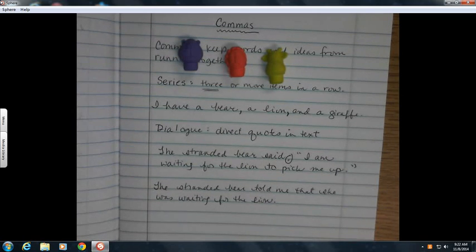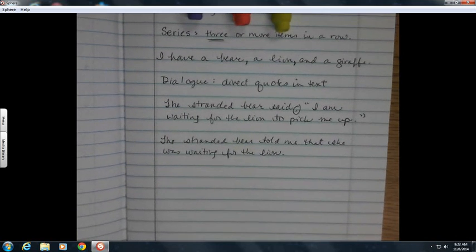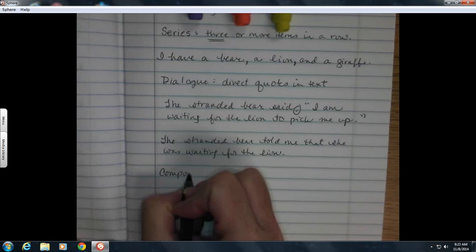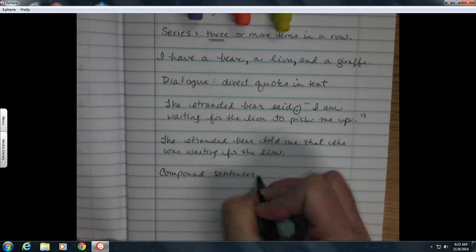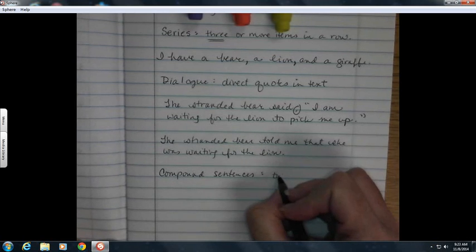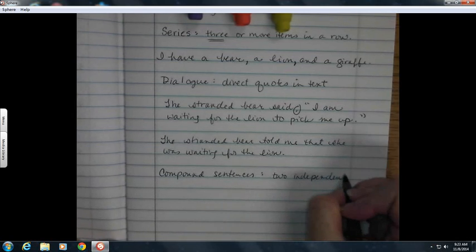Okay, one more that we should know already from last week is we use commas in compound sentences. So a compound sentence is when we have 2 independent clauses. That means 2 clauses that could stand all alone. They could make up their own sentence.